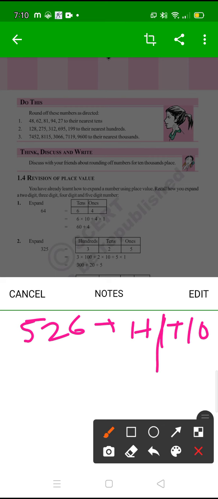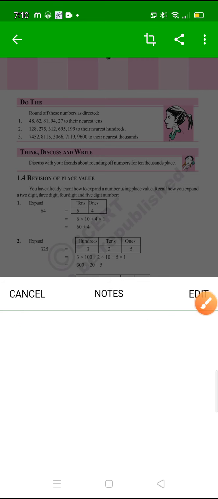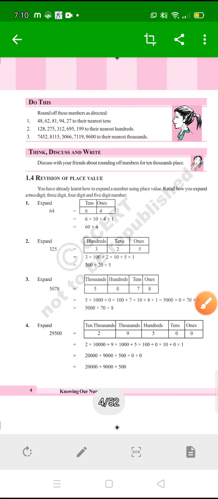What number is there under hundreds? 5. Under tens 2, under ones 6. So you can write 500 plus 20 plus 6, meaning 5 into 100, 2 into 10, 6 into 1. You can write in this way. This is about the expansion.